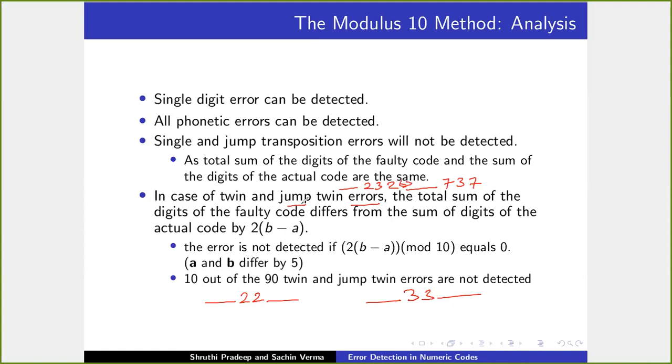So in both these cases, out of 90 errors, 10 are not detected, because if the difference of a and b is 5, then we will have a problem in that case. Otherwise, the remaining we'll be able to find out.